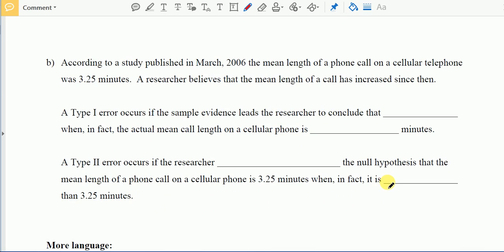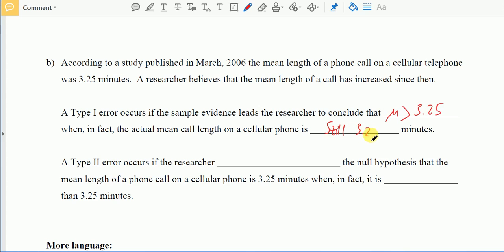Try this one. Again, the mean length of talking on a cell phone was 3.25 minutes, and they believe that it has increased. A type 1 error occurs if the sample evidence leads the researcher to conclude that the number is bigger than 3.25, but in fact the actual mean length of the cellular phone call is still 3.25.